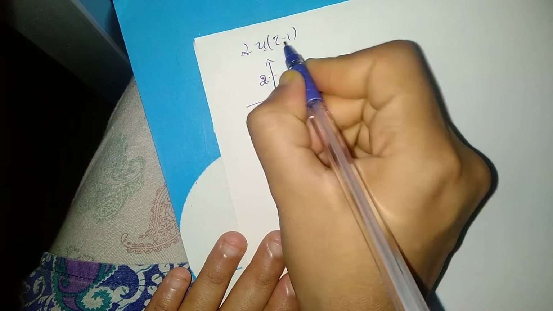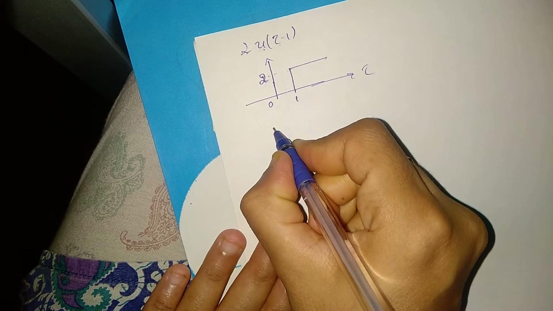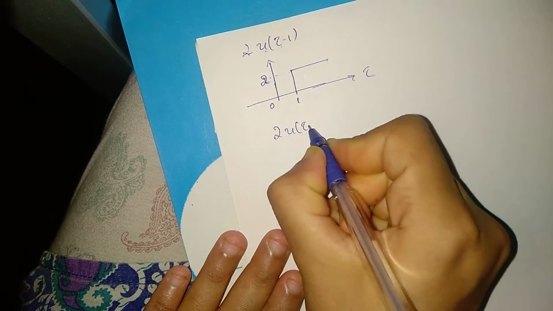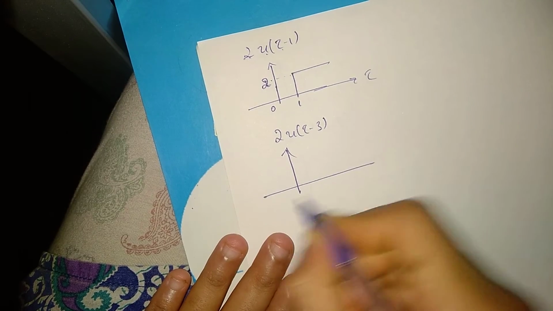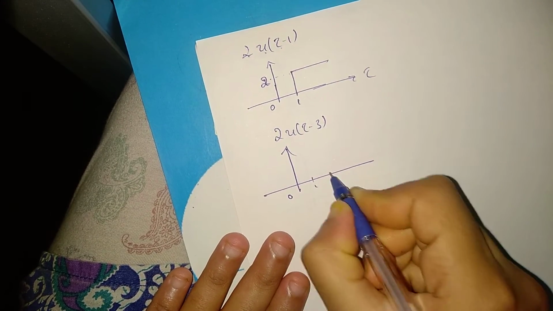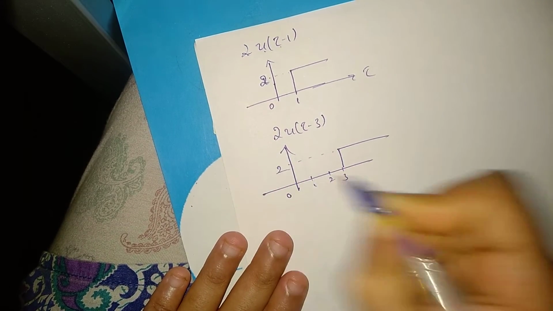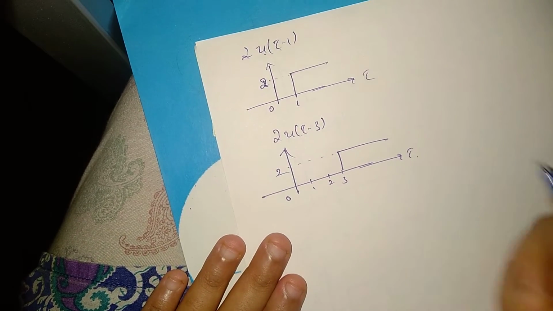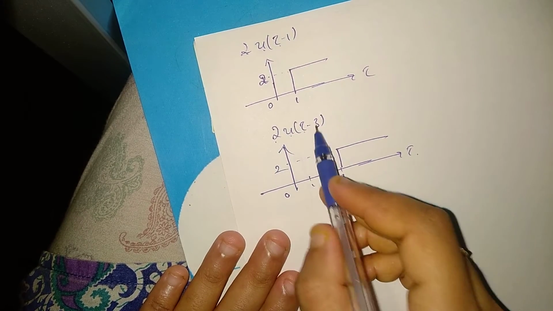So 2 into u of tau minus 1, this is your waveform. Next, I am writing 2 into u of tau minus 3. Tau minus 3 means starting from 3 to infinity with an amplitude 2. So this is your tau, and this is your 2 into u of tau minus 3.